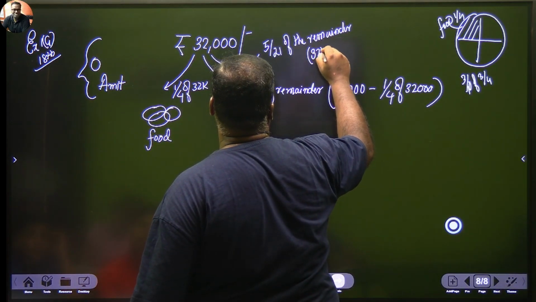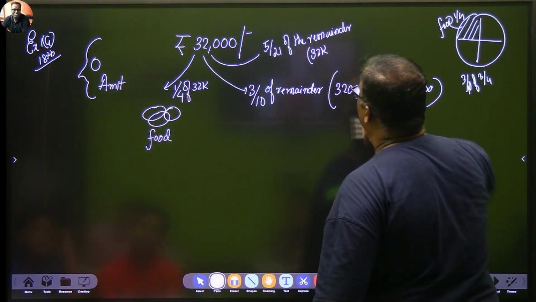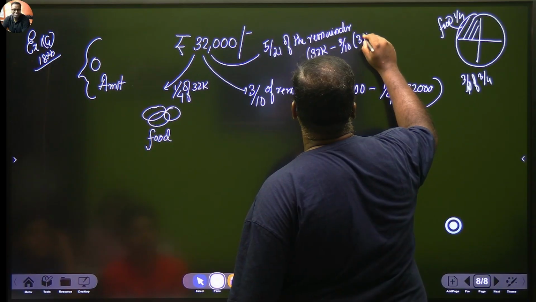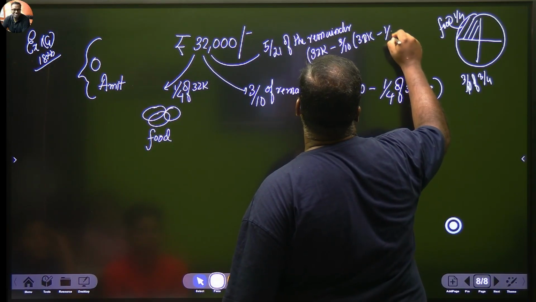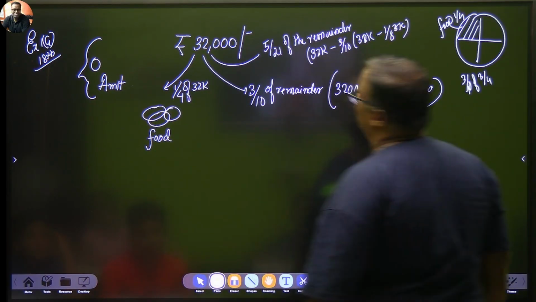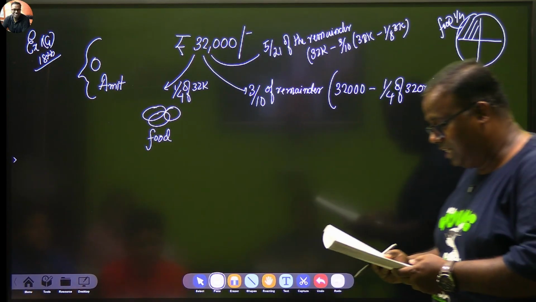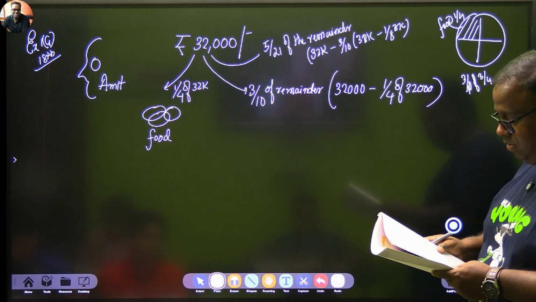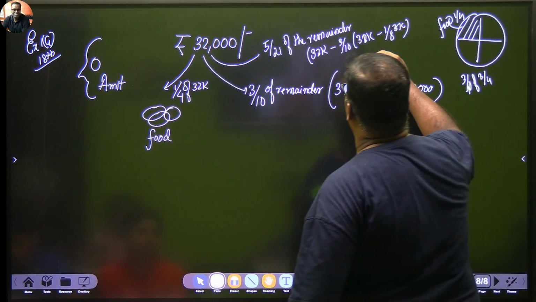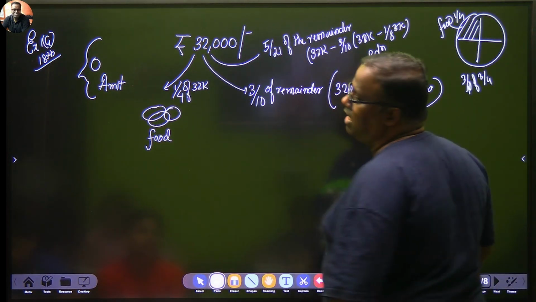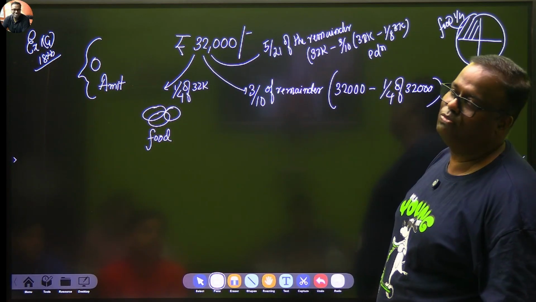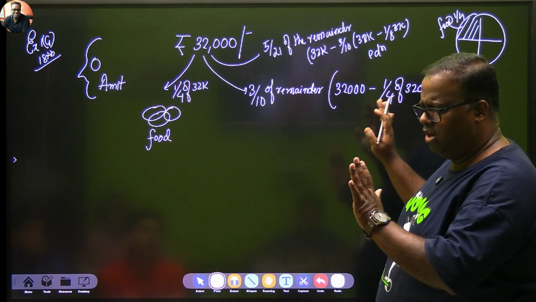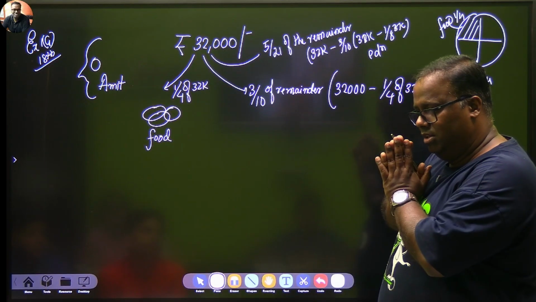Original 32,000 minus 3/10 of 32,000 minus 1/8 of 32,000, whatever it is. That he is spending on the remainder for house rent, and 5/21 of the remainder on the education of children. After that, he has got some money. We have to find what that money is. Have we understood the problem overall? Shall we now write it in a simpler way?